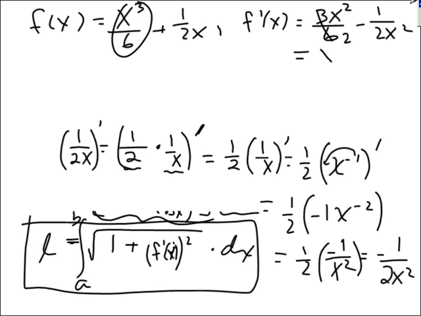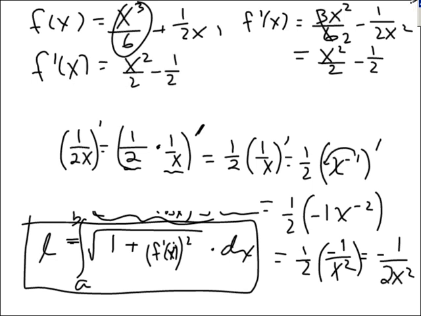That is, the derivative is x squared over 2 minus 1 over 2x squared. You can factor out the half, and you'll get x squared minus 1 over x squared.